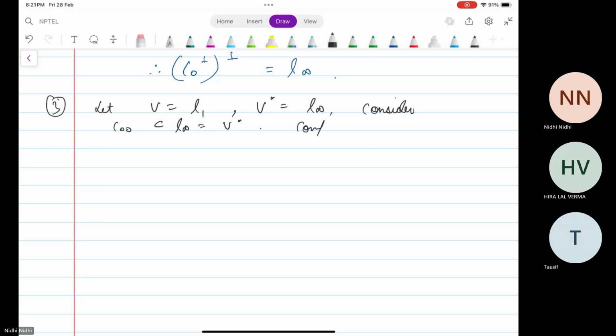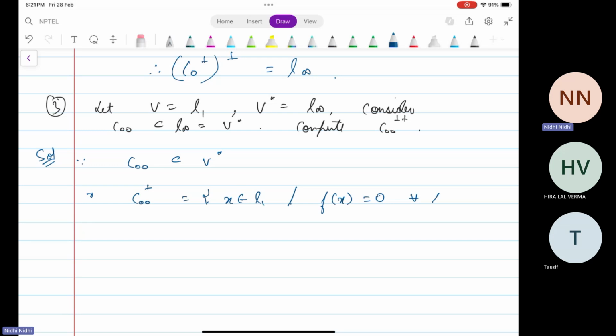Compute c naught naught double perp. Now again, since c naught naught is a subset of V star, we have c naught naught perp is equal to the set of all those elements x in L1 such that f of x is equal to 0 for every f in c naught naught.